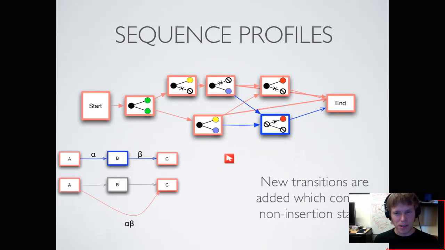And so we want to restrict this when we're aligning this profile to the next sequence. So basically we add new transitions and delete other ones such that the likelihood of going from A directly to C, where B is an insertion state, is the product of these two.